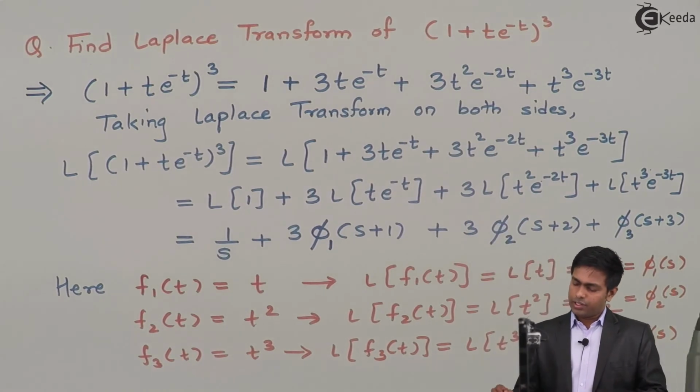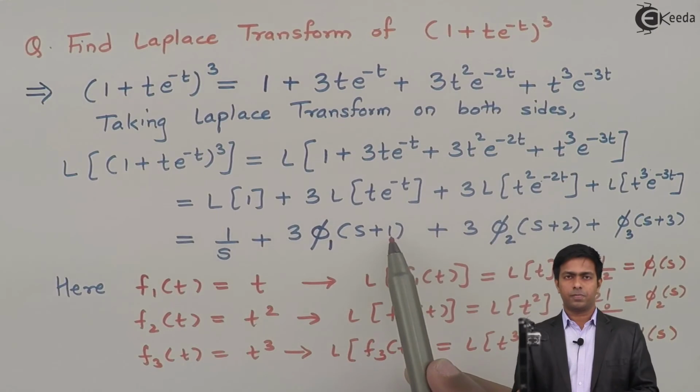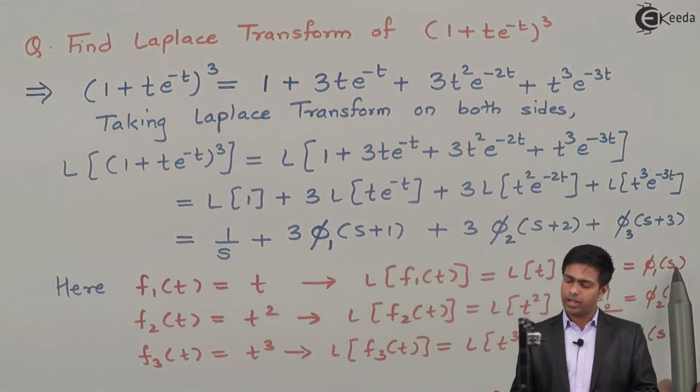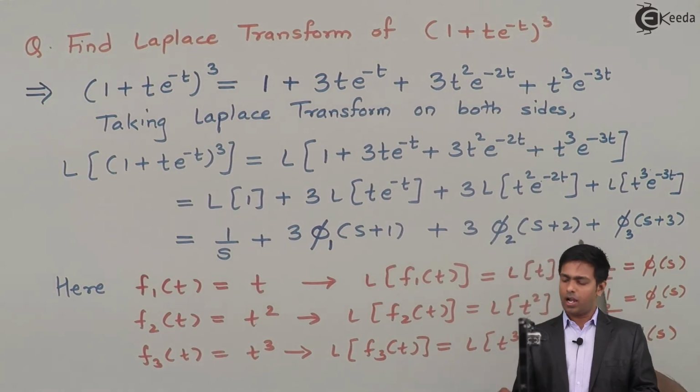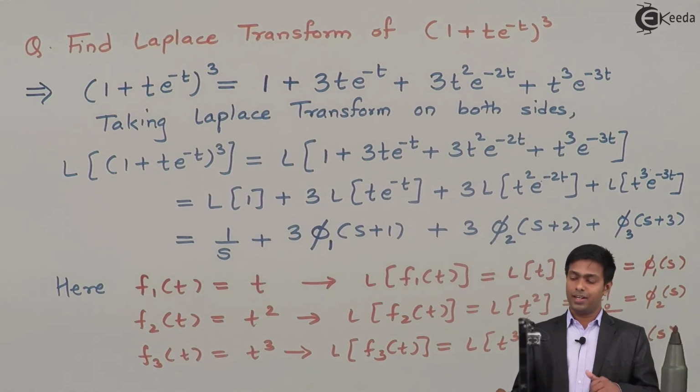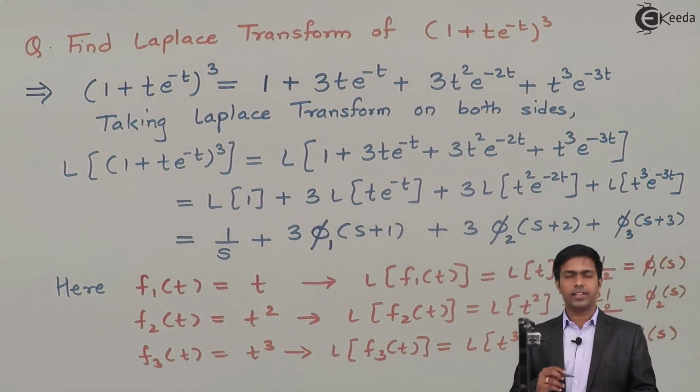Now let's use this first function of s, that is phi1 of s, to get phi1 of s plus 1. In this, I'll substitute s as s plus 1. To get phi2 of s plus 2, I'll put s as s plus 2 in phi2 of s. And similarly, to get phi3 of s plus 3, I'll put s as s plus 3 in phi3 of s.